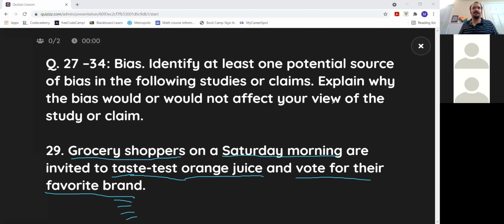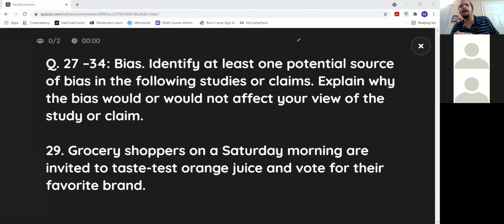I think it's just asking for one bias, right? Identify at least one. So, like I said, a lot of this is not going to be a one-size-fits-all sort of solution. You're going to have to write some sentences and explain what you mean a little bit by the bias. Are there any questions on this one? No. Okay.